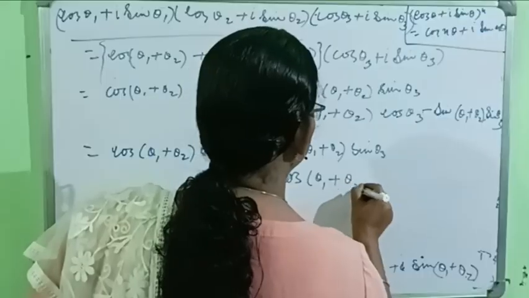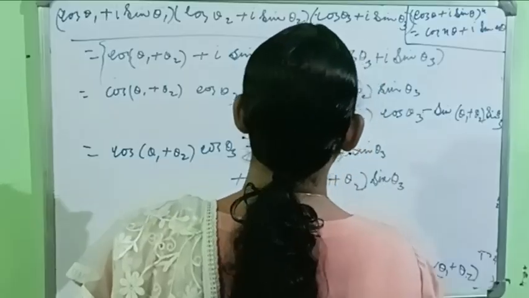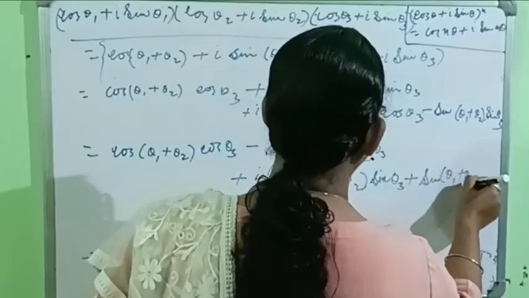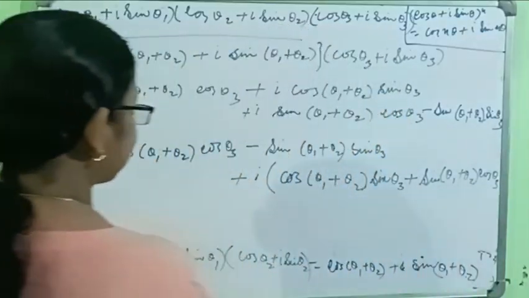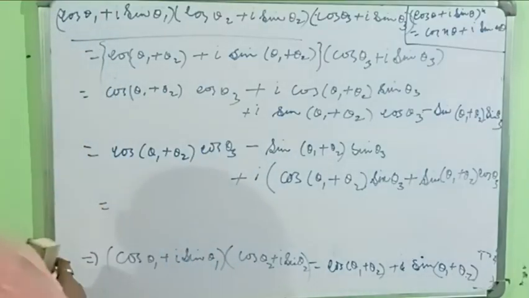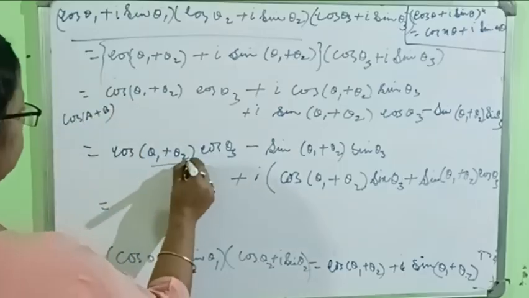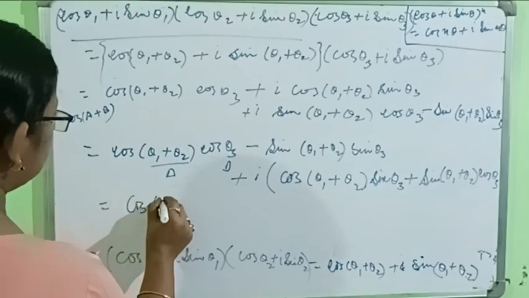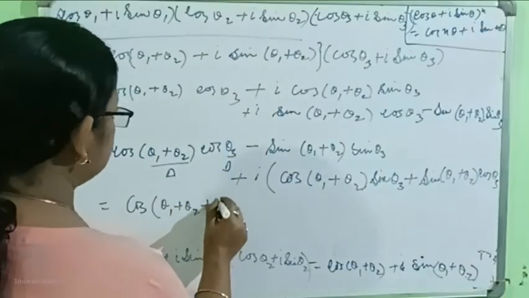Theta 1 plus theta 2. Again, use the cos A plus B formula. Here it is A, this is B. So here cos A is theta 1 plus theta 2 plus B, that is theta 3.